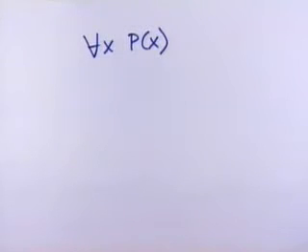Okay, so the next thing I was going to do was talk about De Morgan's with quantifiers, because it's very important. So if I were to use De Morgan's on for all x, p of x, what would that be logically equivalent to?